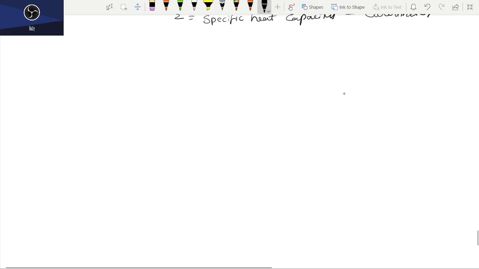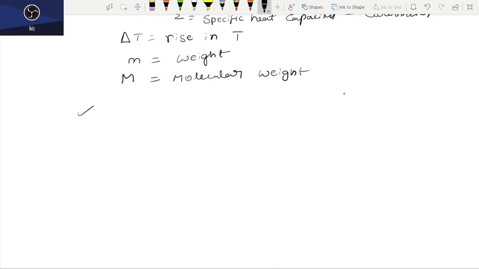Any substance, right? If you take the first type of calorimeter, the first type of calorimeter is used in combustion reactions, where combustion is going to happen, to measure the enthalpy, right?